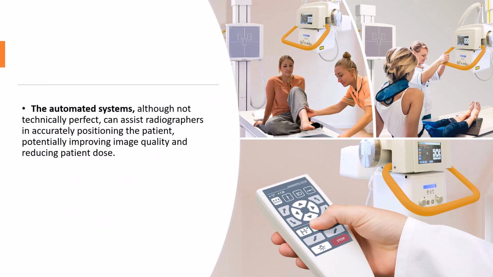Although not technically perfect yet, the AI-assisted software can help radiographers in many ways. This includes patient positioning, improving image quality through technique selection, and reducing patient dose of ionizing radiation received.